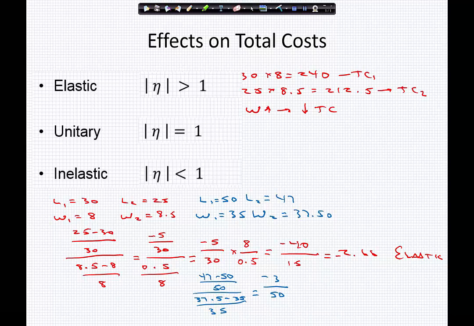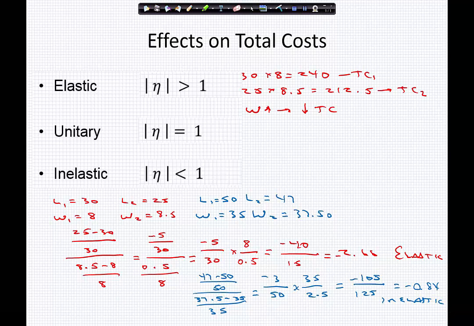Rather than write the equation out again, let me just multiply this by the inverted 35 over 2.5, which is going to give us a value of negative 105 divided by 125, or negative 0.84. So we know that this is inelastic.